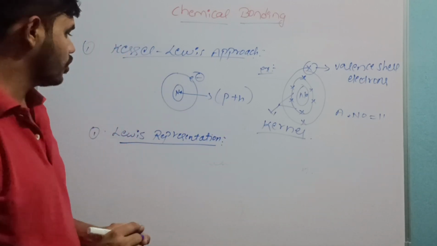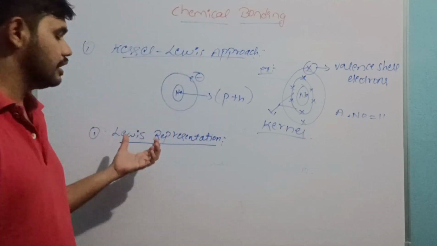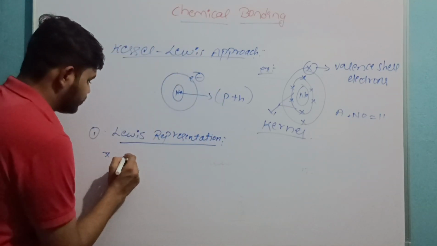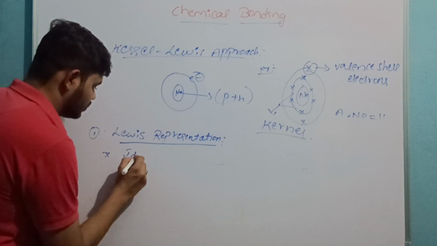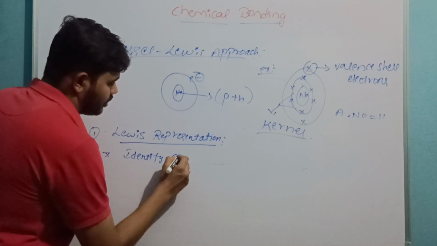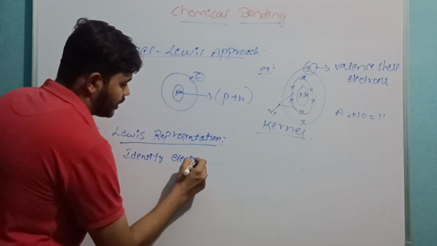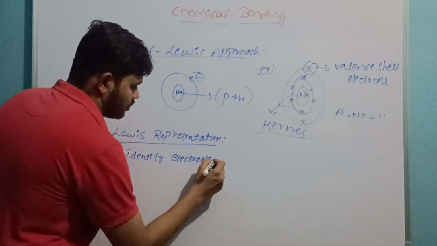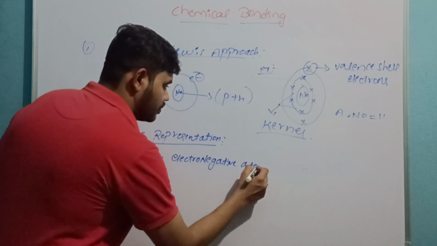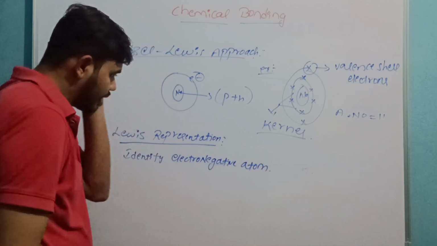It has a total of 4 rules for Lewis representation. Rule number 1: identify the electronegative atom.